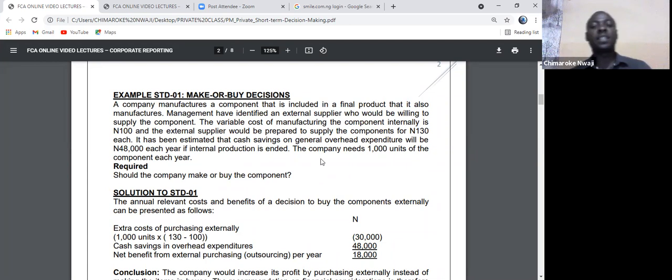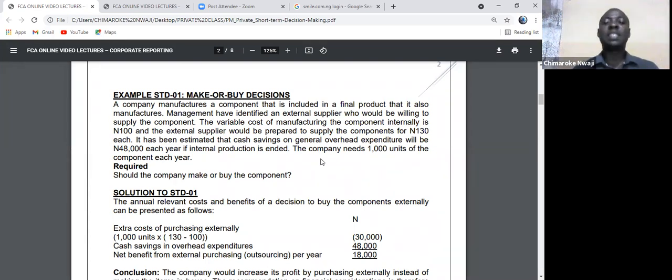What it means here is if they decide that internal production of crank-cock will end, the overall general expenditure will reduce by 48,000. So that means they're going to save 48,000 naira a year if they stop doing this. So we've seen how much they're going to save in a year.